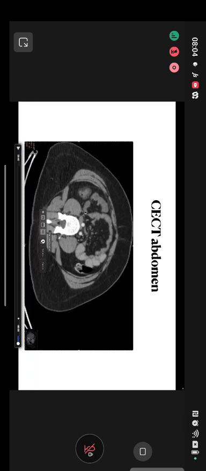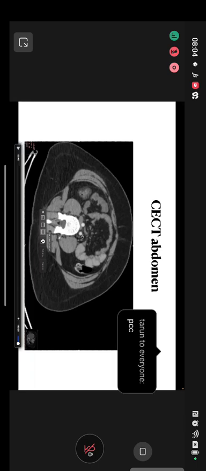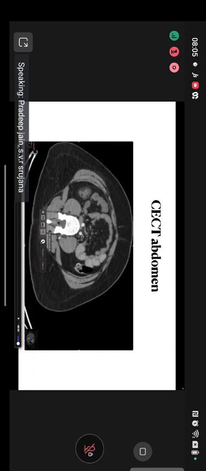So the tentative diagnosis is? Carcinoma gallbladder with acute cholecystitis. What else will you do after this? Dr. Srajna, what will you do? A course of antibiotics for the cholecystitis. Good.